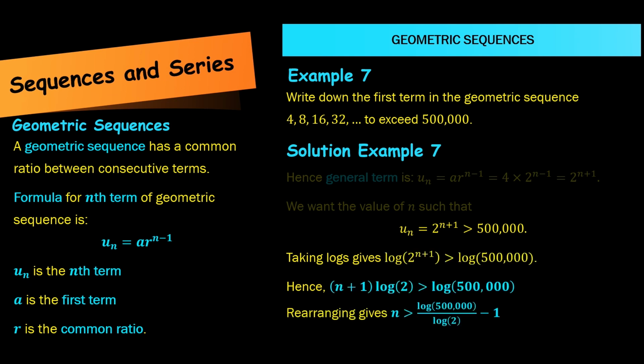Rearranging will give us that n is greater than log 500,000 over log 2 minus 1. And this expression is equal to 17.93.